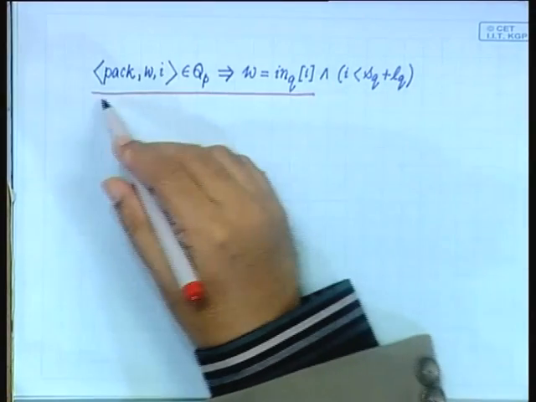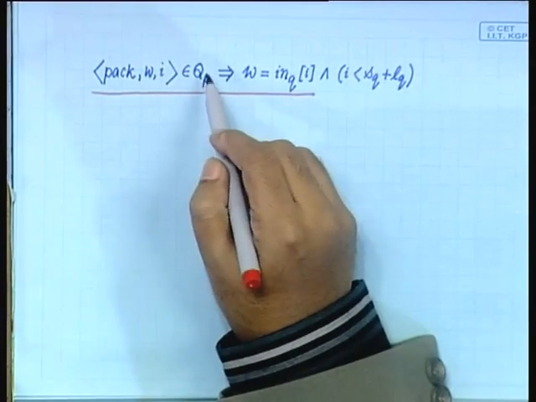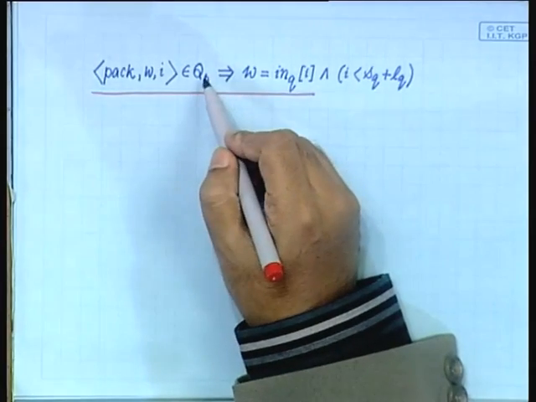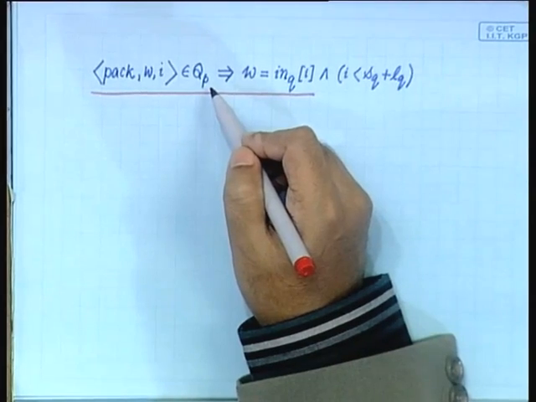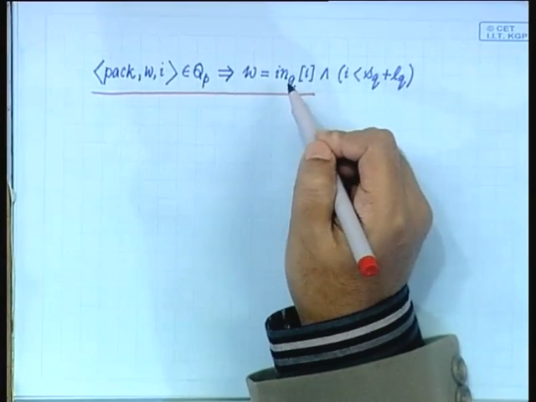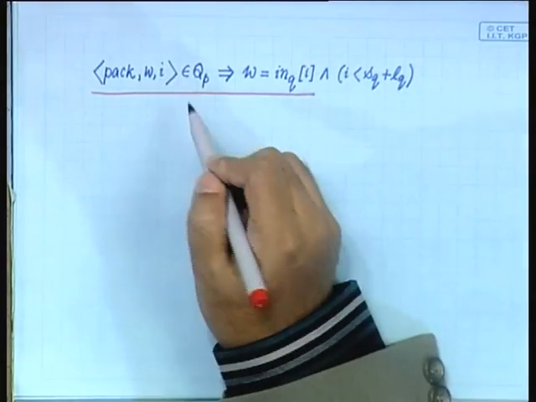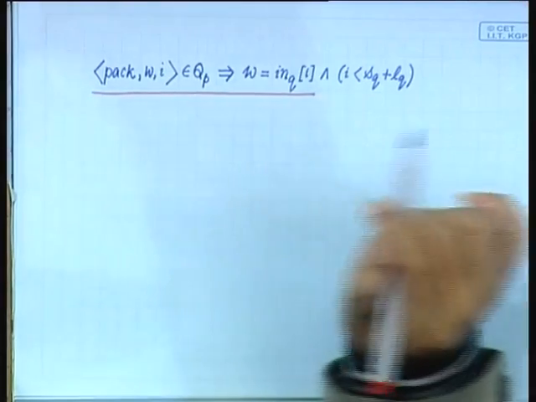So, this is very straightforward, that if there is a packet in the queue, then it can only have been put in by the action SQ, and what has SQ done? SQ is going to copy in QI into the pack Wi and put it in the queue. So, this part is obvious.